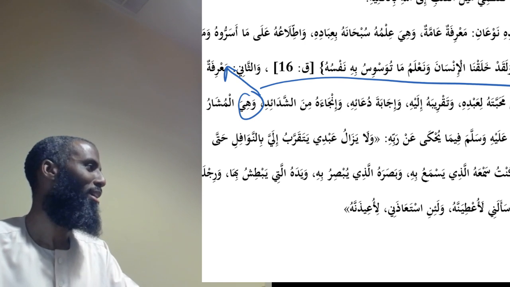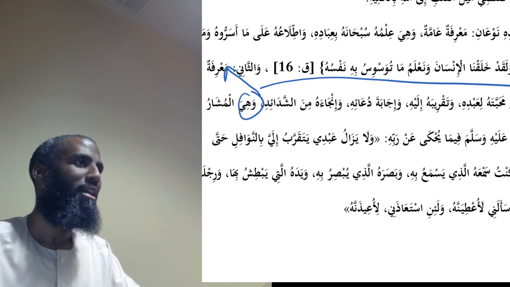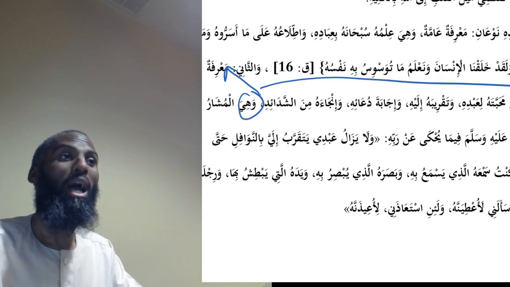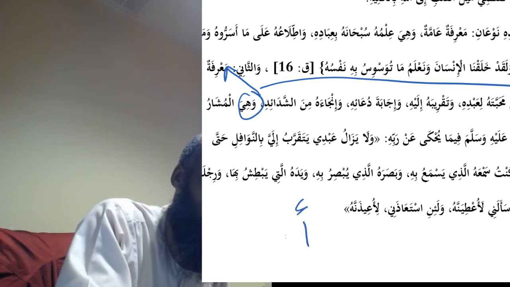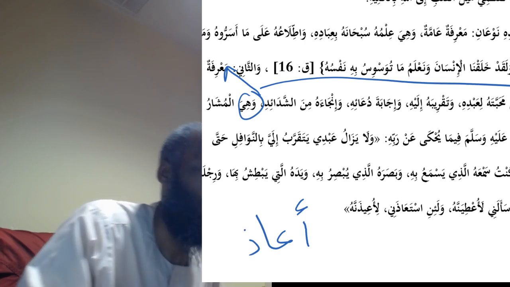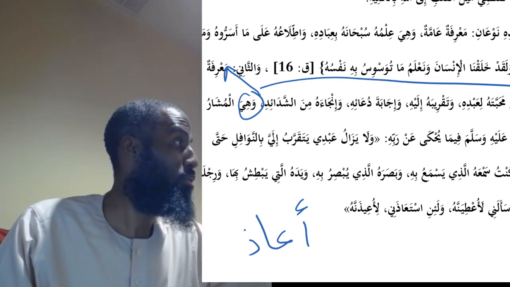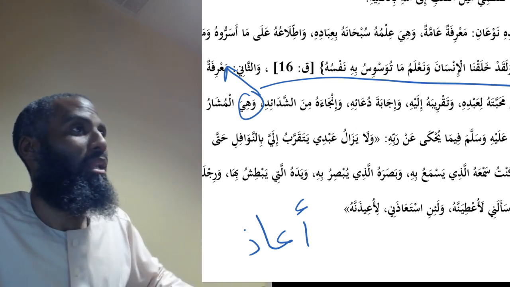See that? Again, ista'adha is to seek refuge. Let me write on the board for you. A'adha yu'idhu is to give refuge. See that there?